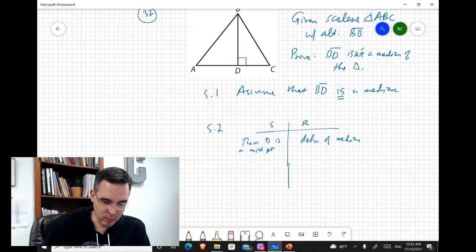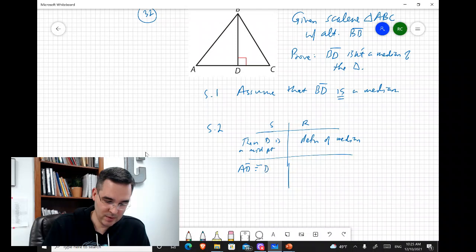If D is a midpoint, then I can say that segment AD is congruent with segment DC, right? Because, let me think about that, it would be the definition of midpoint.